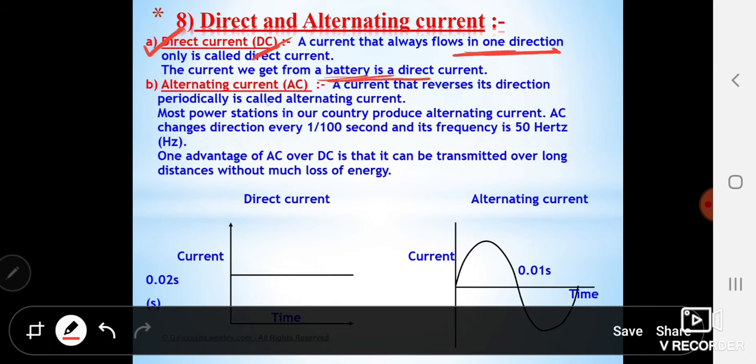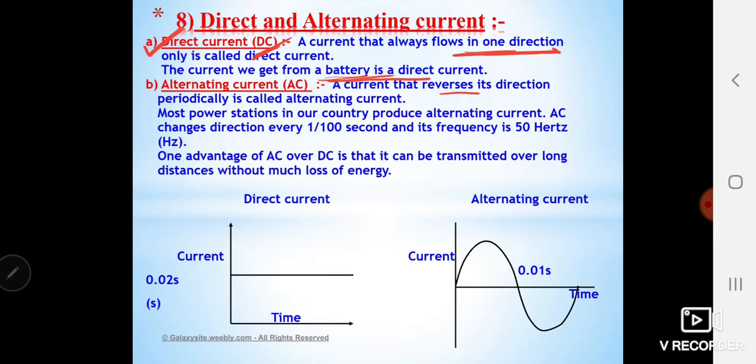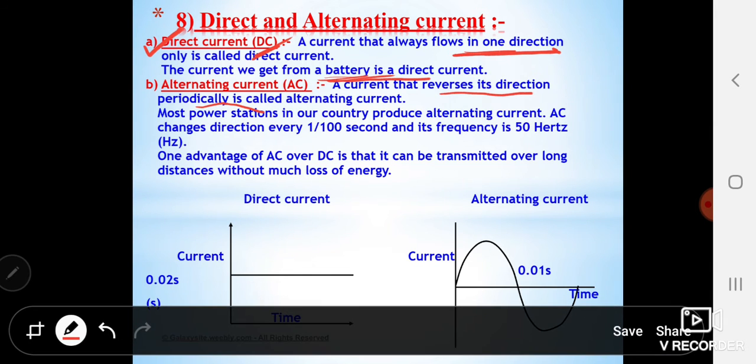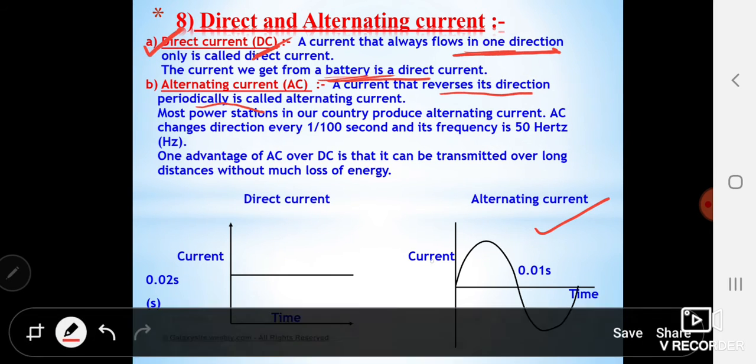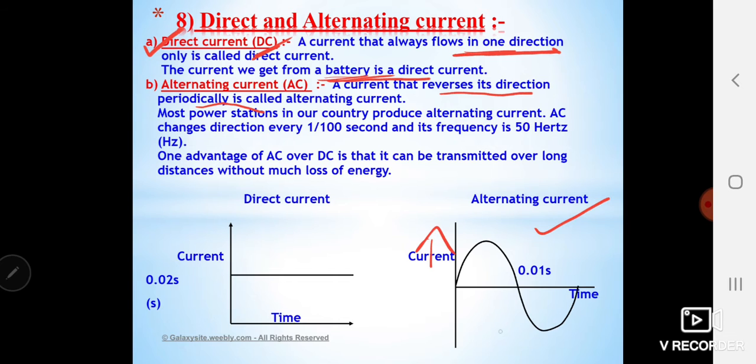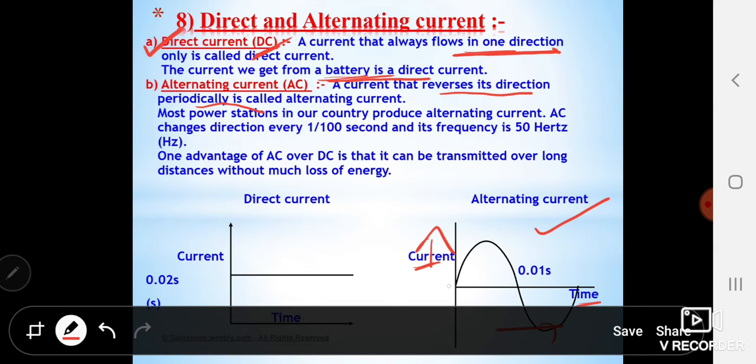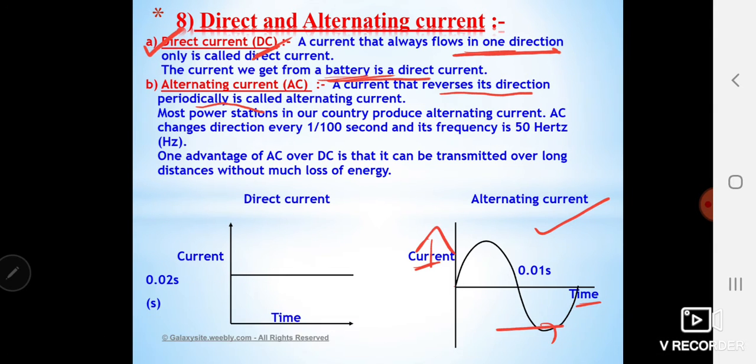Next, very important, is the alternating current. Previously I told you that the current reverses regularly after the completion of every half of the cycle. For example, you can see in this graph, this is the direction of current and this is the direction of time. If you look at this graph, the flow of current changes its direction periodically.